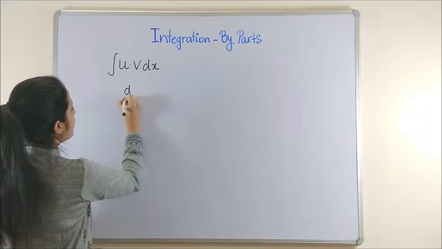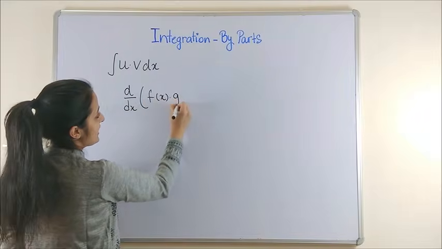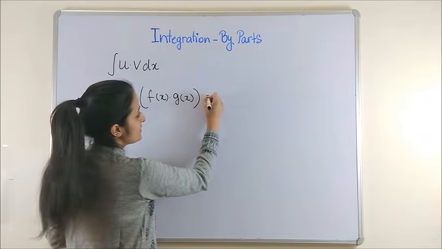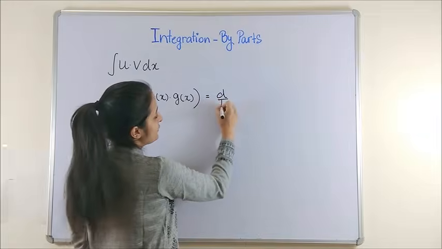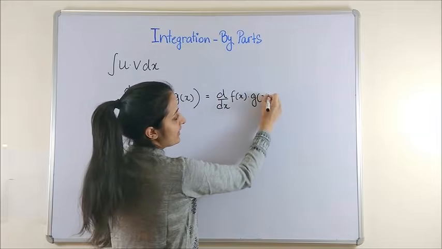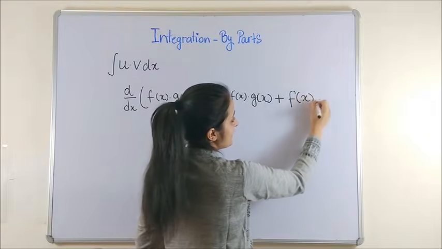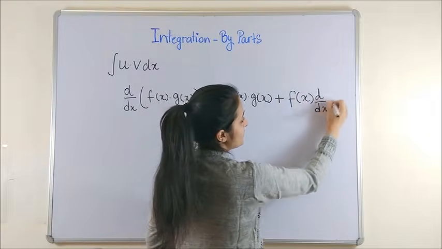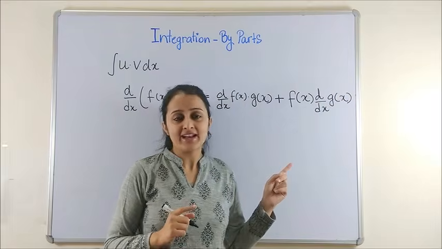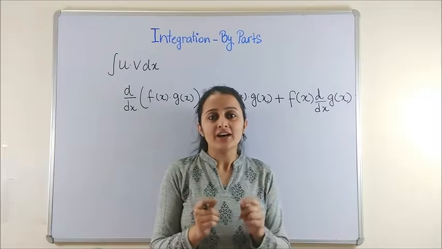So, d by dx of, if I take any two functions, say f(x) and g(x), the derivative was the derivative of the first function into the second one as it is, plus the first function as it is into the derivative of the second.